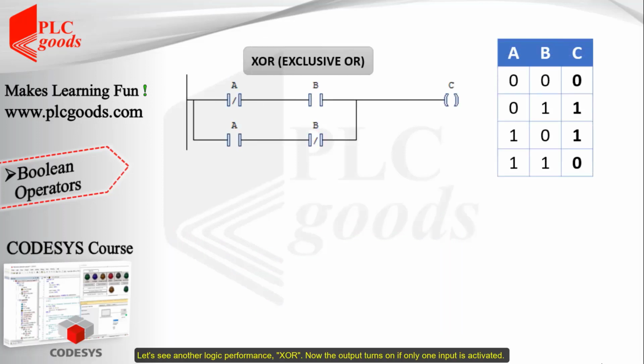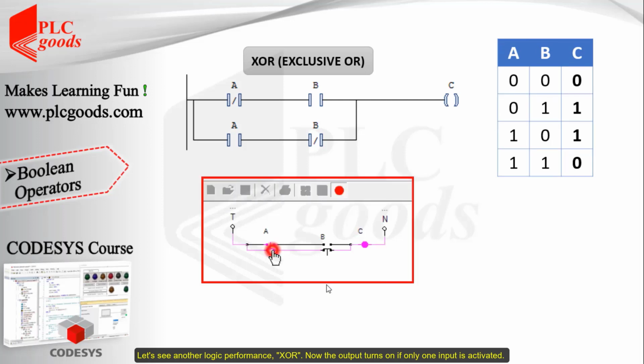Let's see another logic performance, XOR. Now the output turns on if only one input is activated. At the bottom, its equivalent electrical circuit is tested. If I change the state of each input, the output state is changed as well.